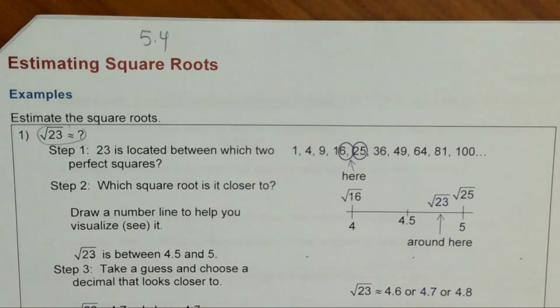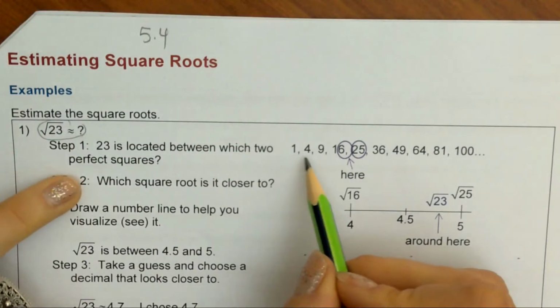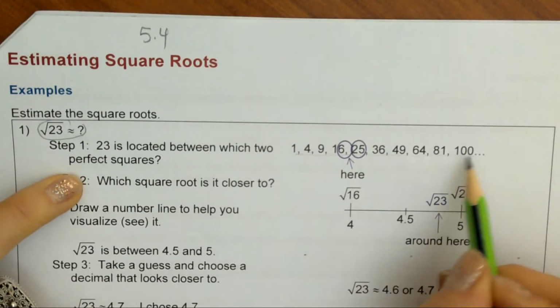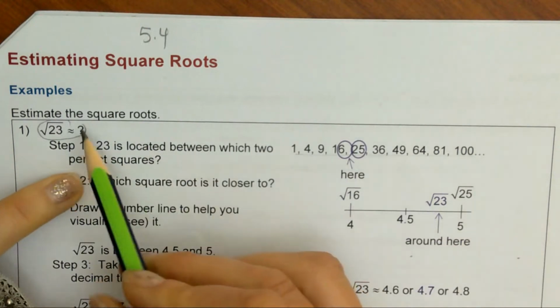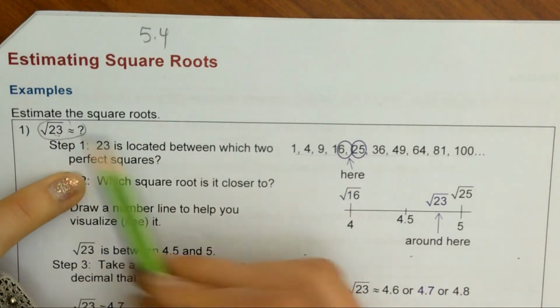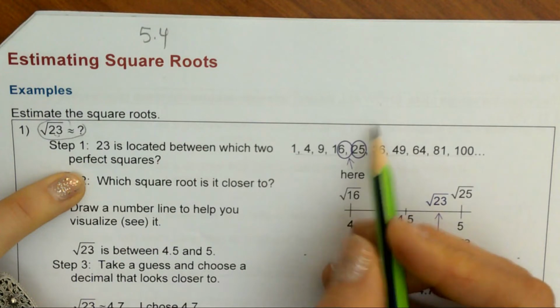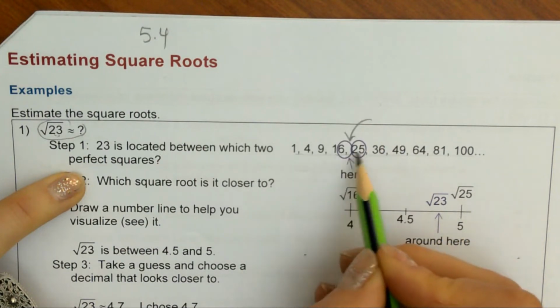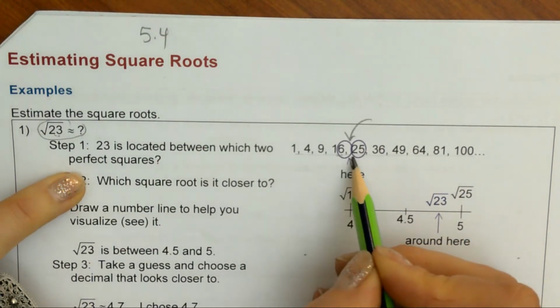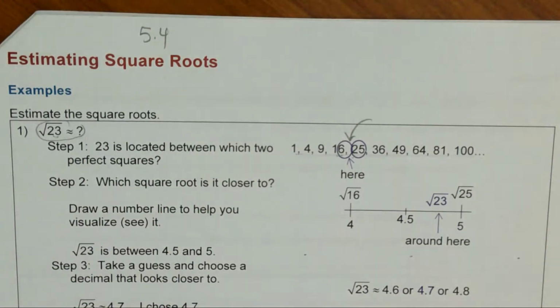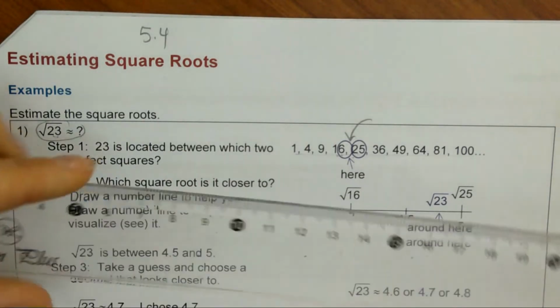Okay, so first you need to know your perfect squares and you have to say, 23 is located where? It's right here between 16 and 25. Then you have to think of a ruler.